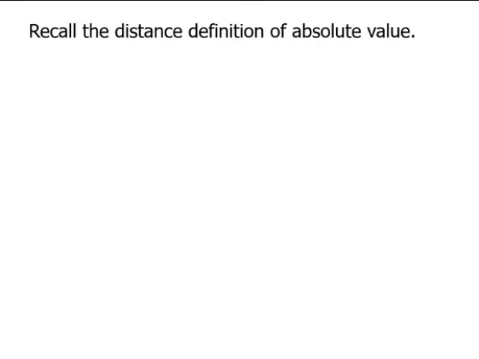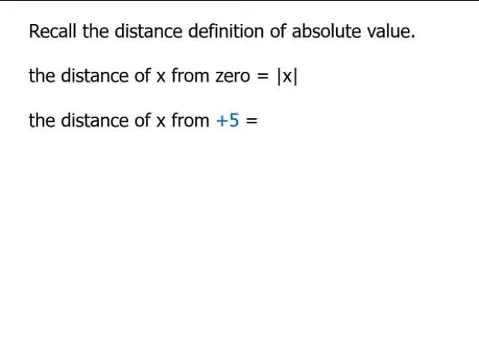So recall the distance definition of absolute value. The distance of x from 0 is the absolute value of x. We take the absolute value of any number on the number line, we get its distance from the origin. If we want the distance from positive 5, then we have to subtract. Subtraction is the basic way that we find distance.